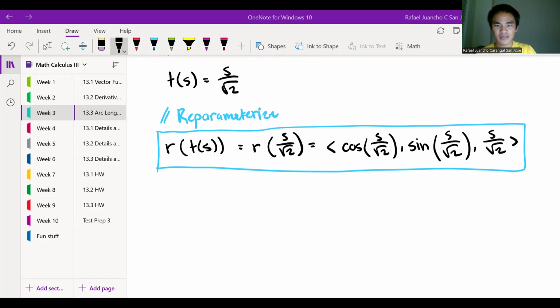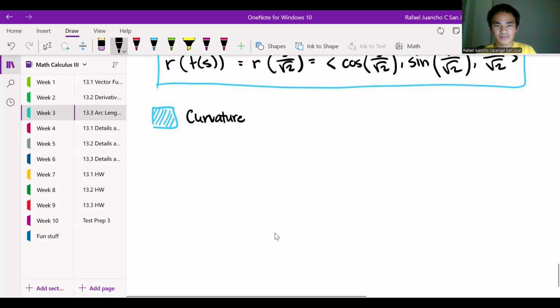Okay. Let's go ahead and look at curvature. Wait, actually, let me just check. How long is this thing?